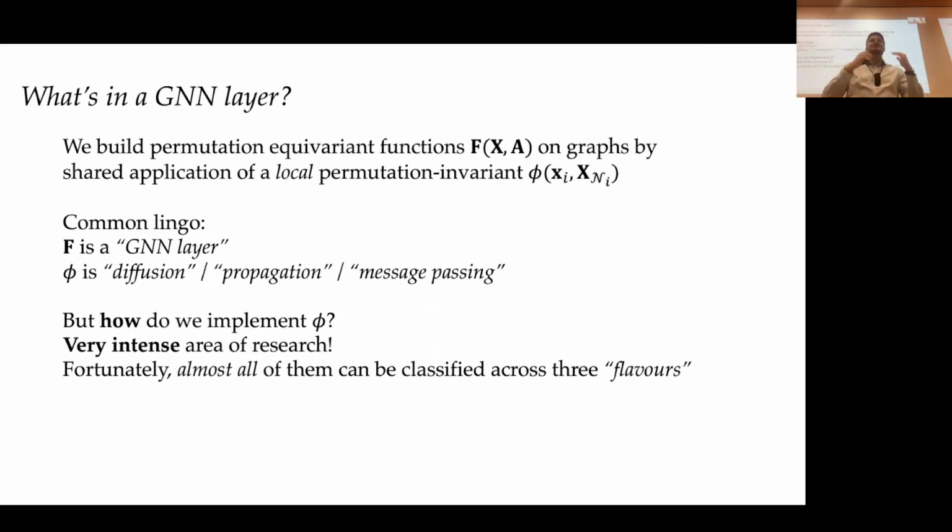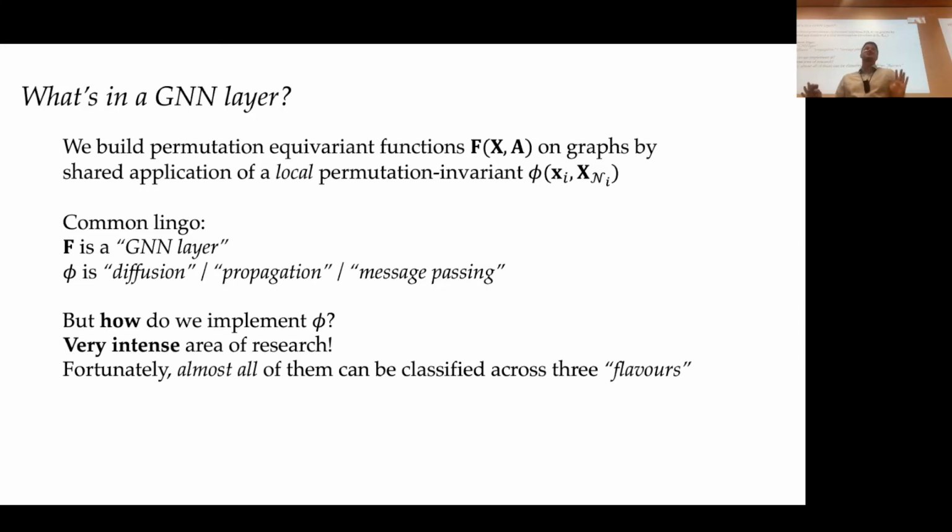So categorizations, I found they're very useful when you have to navigate a rapidly emerging field. And fortunately for us, I found that almost all of these papers can be classified across 1 of 3 flavors that broadly specify what kinds of behaviors you would expect from this kind of model and what kind of data it might be most applicable to.